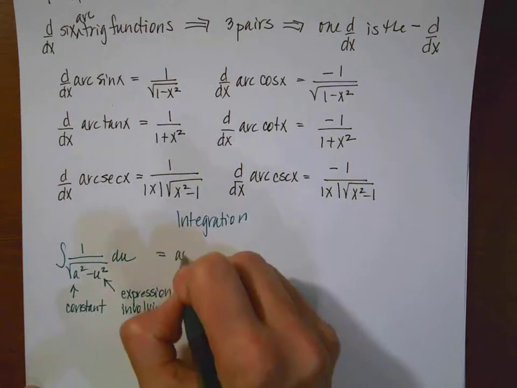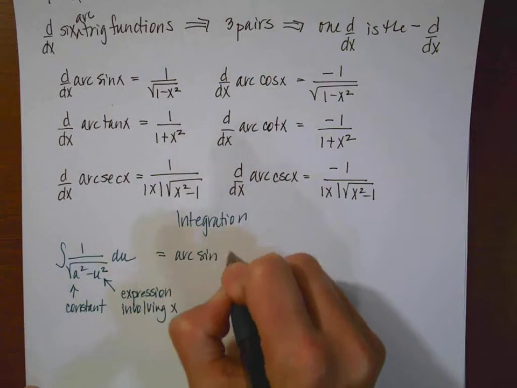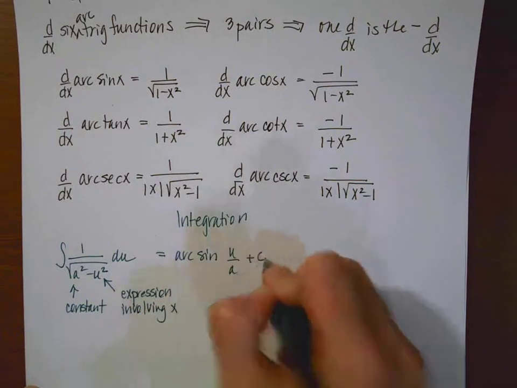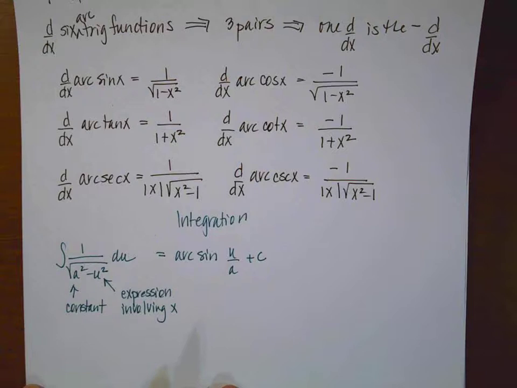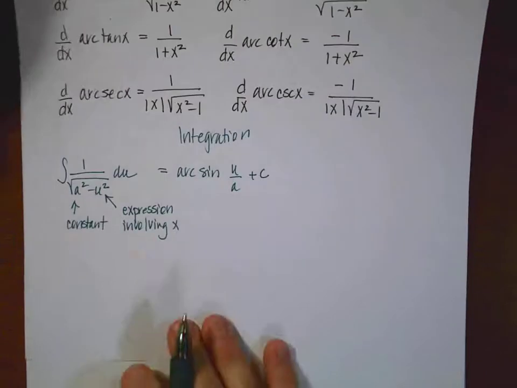Then this is going to equal the arc sine of u over a plus c. Remember, it's an indefinite integral, so we can't forget our c's.